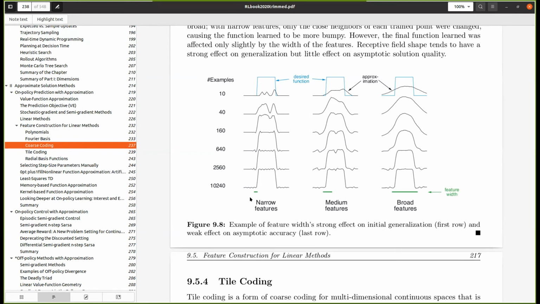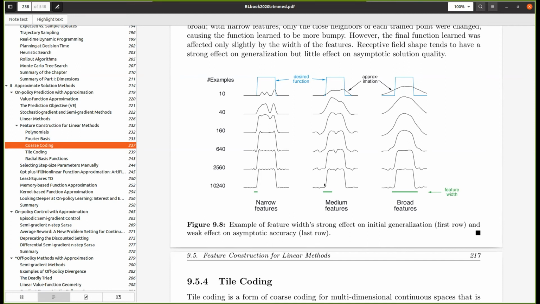Here you can see that with narrow features we will get this kind of bumpy approximation, and with a bit broader features we will have a less bumpy one.